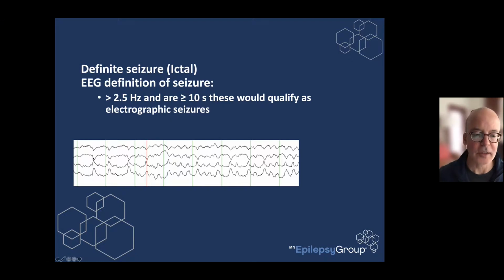If you look at these spikes, here's a sharp wave, here's a sharp wave, and they're going along at about 1 to 2 hertz. And then here, these sharp waves are now getting up to 4 or 5 hertz. And so now you're getting into the territory of definite electrographic seizure activity.